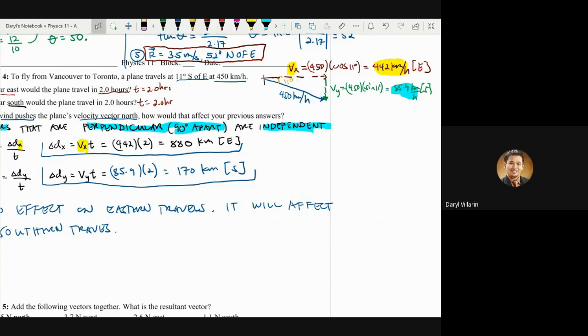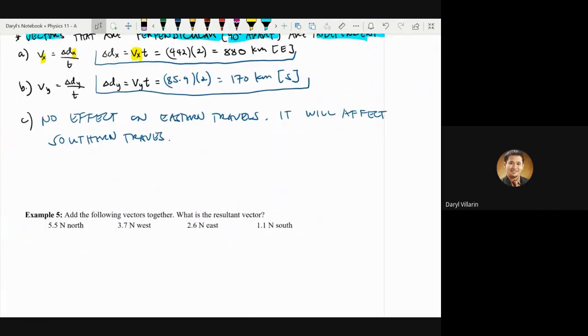So I would accept you to just solve first the Vx and the Vy, and then plug it in, same thing as this one here. That would be fine. Any questions? Okay.